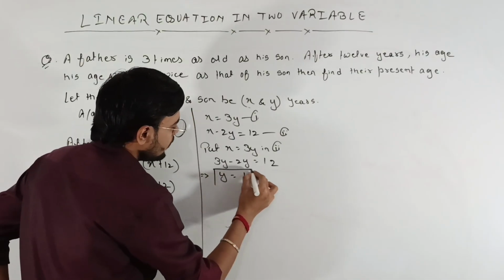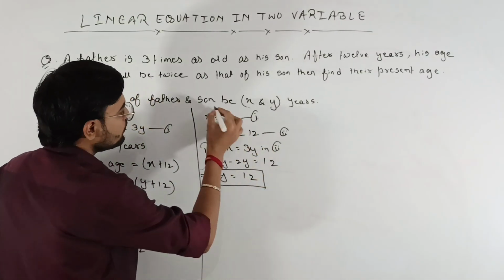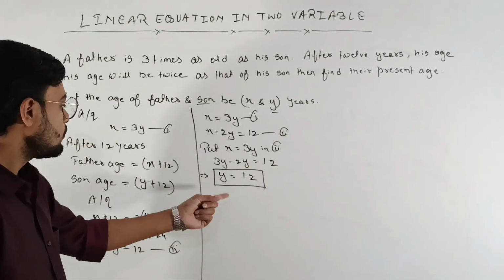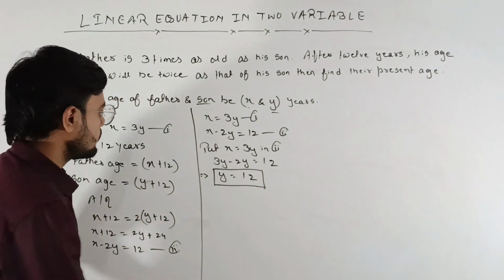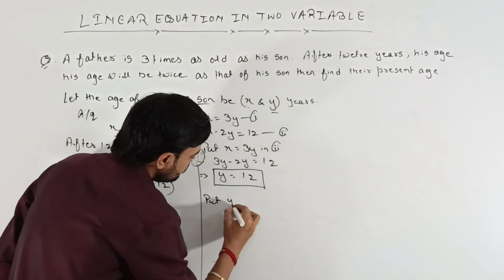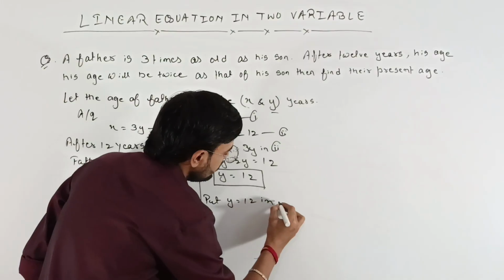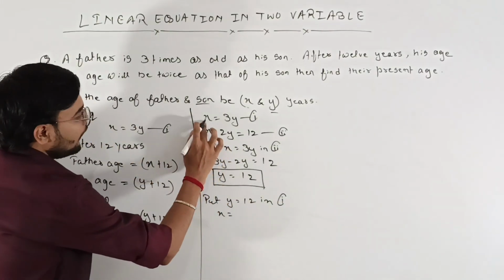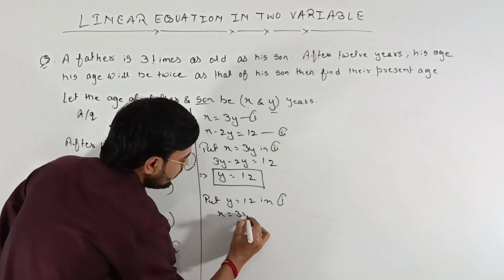So y is 12, and y is what? Y is the age of son. Now I have y equals 12. Now put this value of y in equation first. Then y equals 12, which means x is equal to 3y. In place of y I write 12.